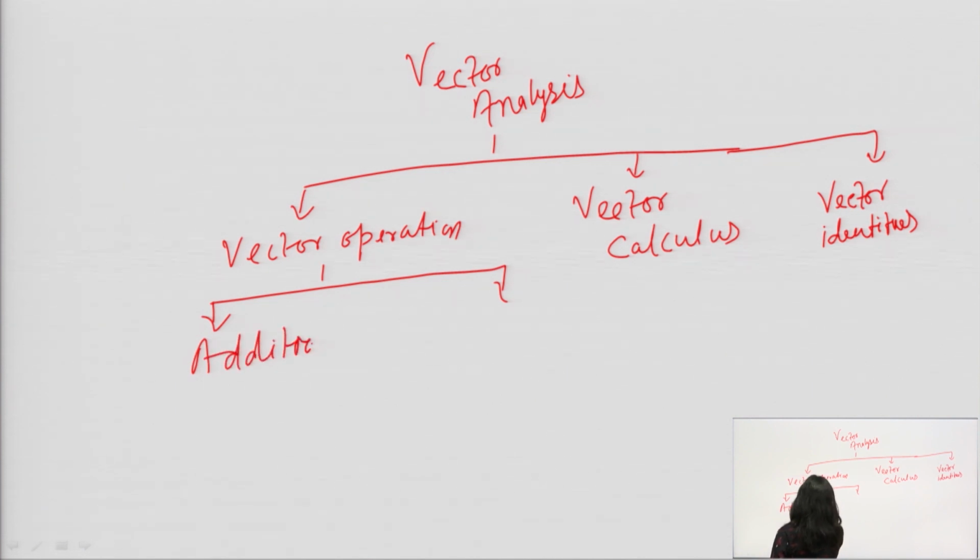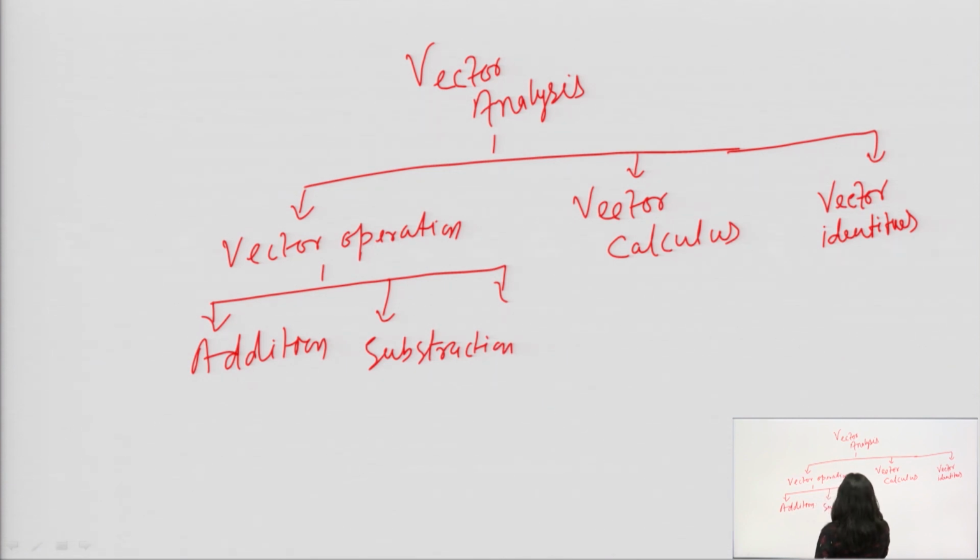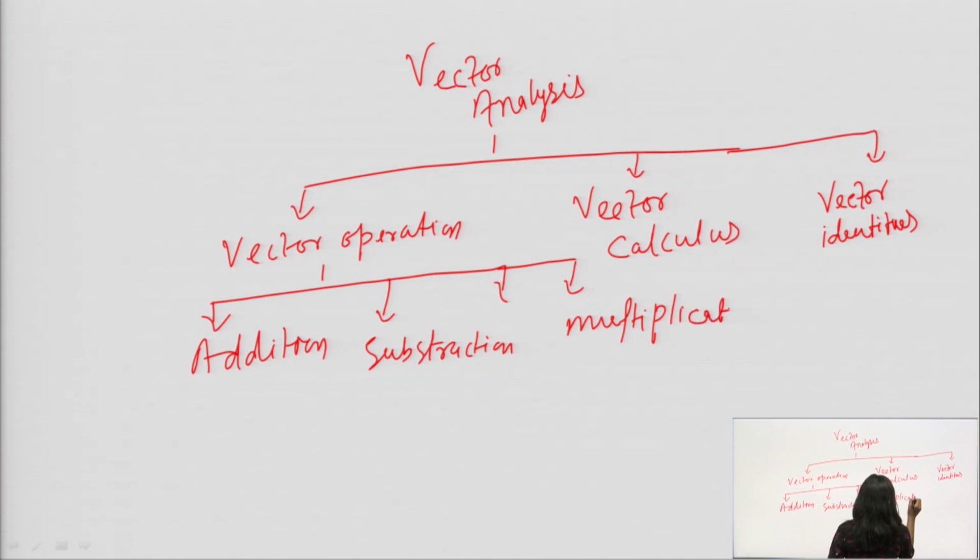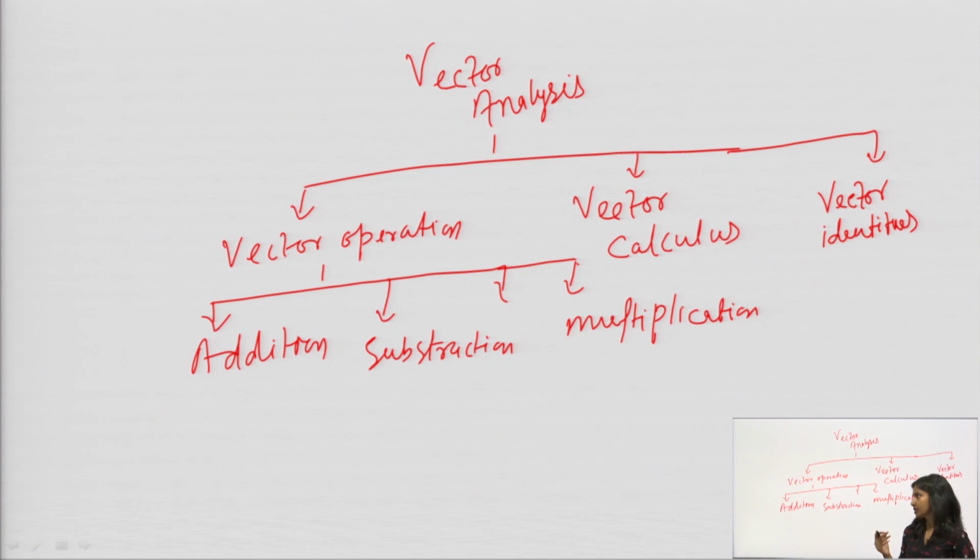In vector operation we have different kinds of operation like addition, subtraction, and then multiplication. And one more operation is division.